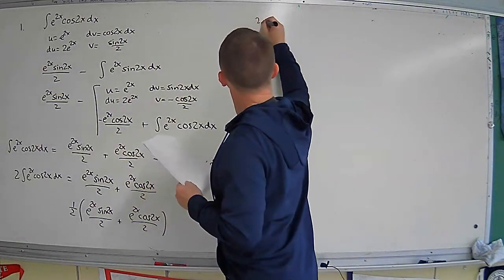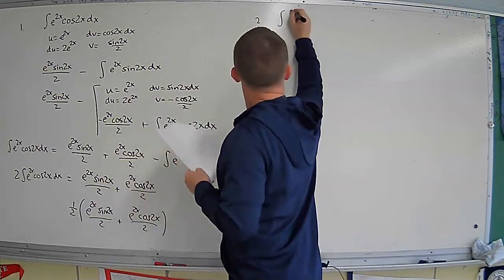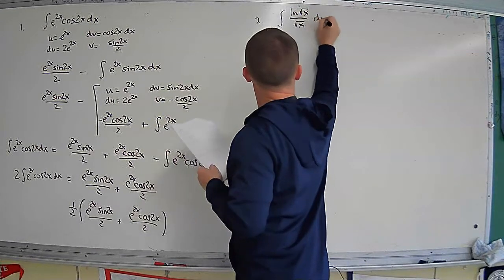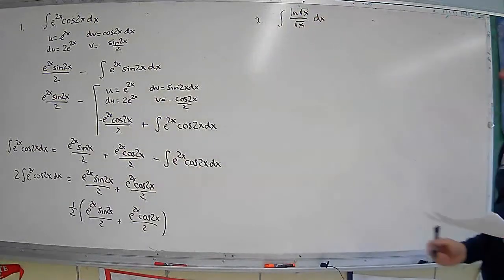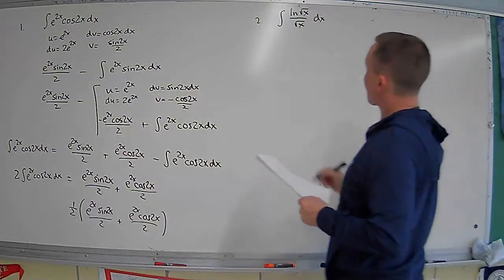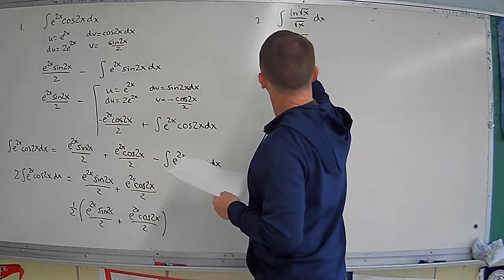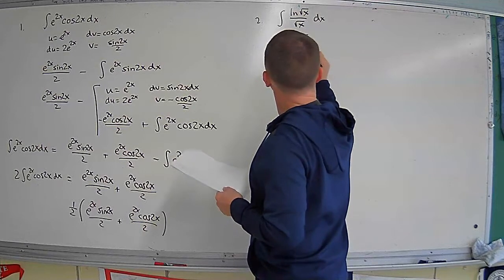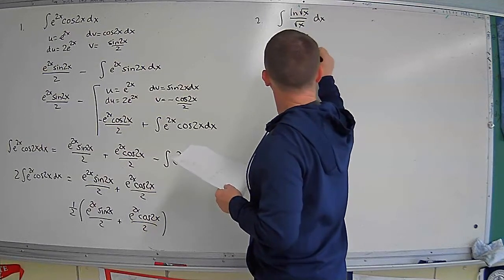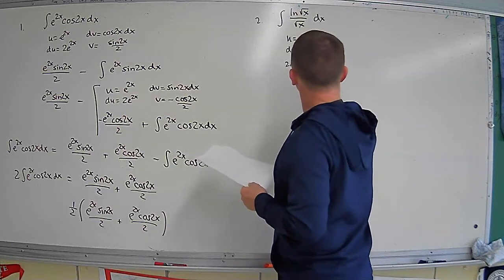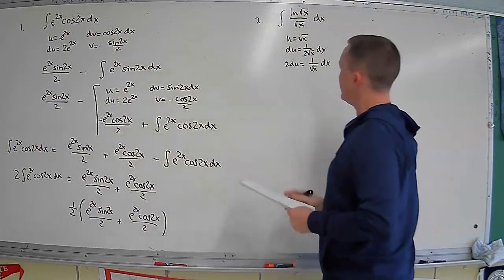Number 2. This one actually turned out to be one of the most missed ones. So this is a u sub to start off with. U equals radical x. And du is 1 over 2 radical x dx. So 2 du is 1 over radical x dx.